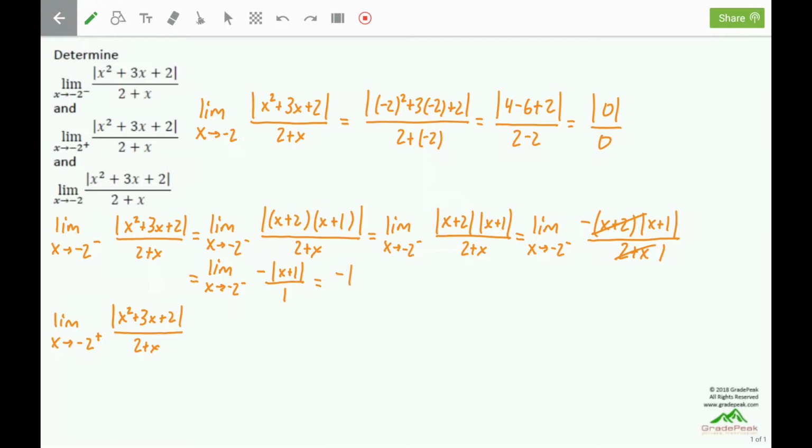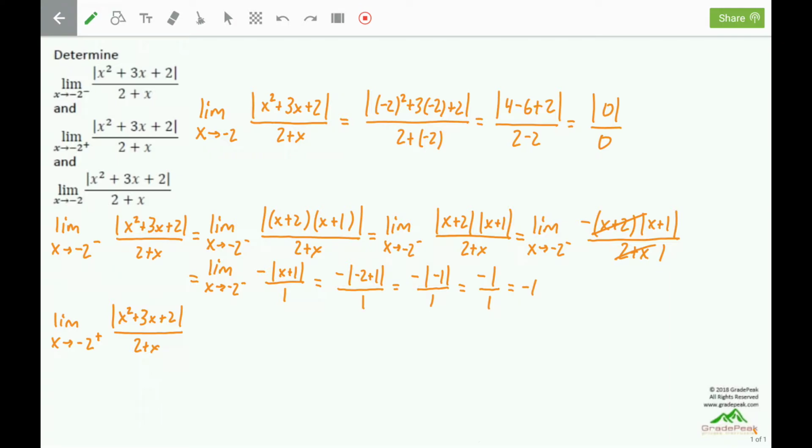That will give us negative absolute value of -2 plus 1, all over 1. And we'll have the negative of the absolute value of -1 over a 1. The absolute value of negative 1 is a 1, and then there's a negative in front of that, over 1, and anything over 1 is itself, and so we will have negative 1 for that limit.